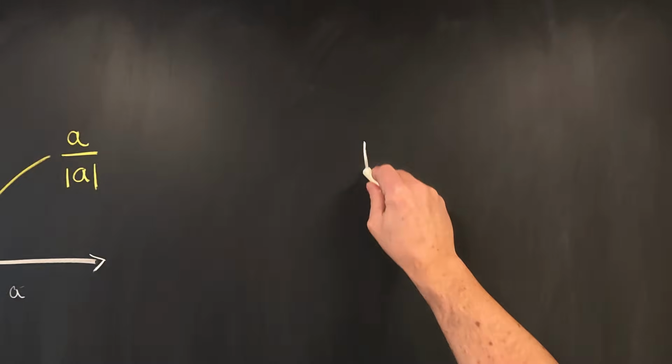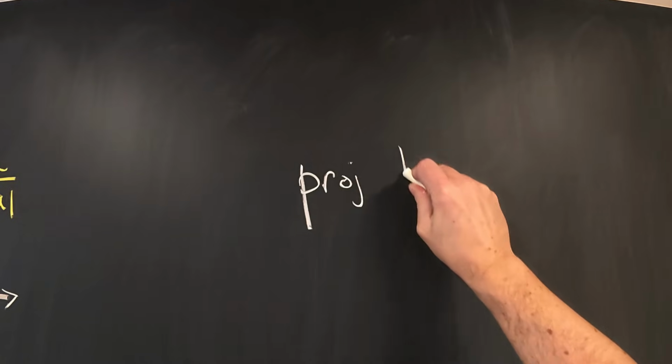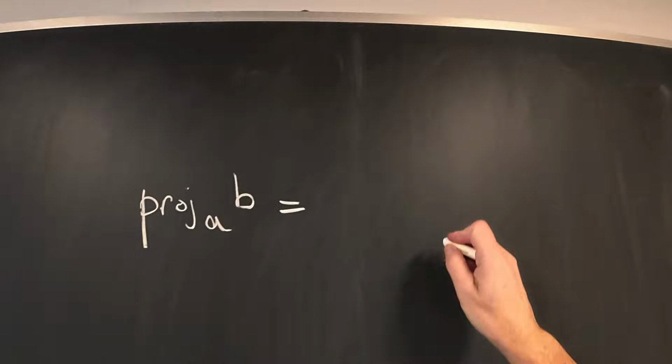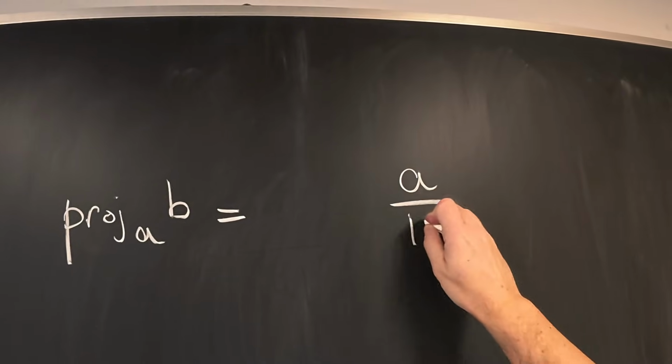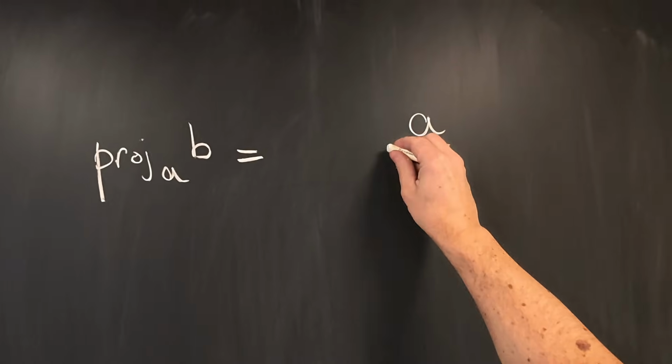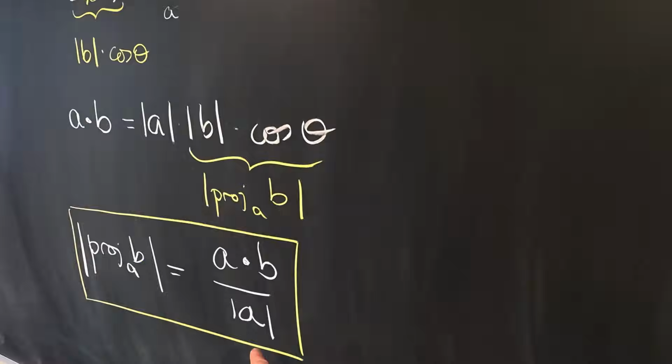So the projection vector of B in the direction of A will be a vector in the direction of A divided by its length. So in the direction of A, but this is a unit vector, scale it to be of this length.